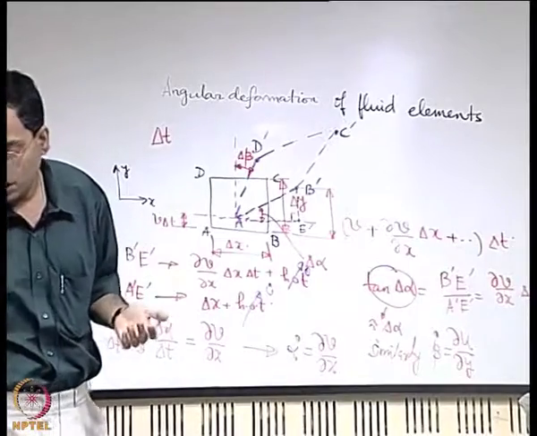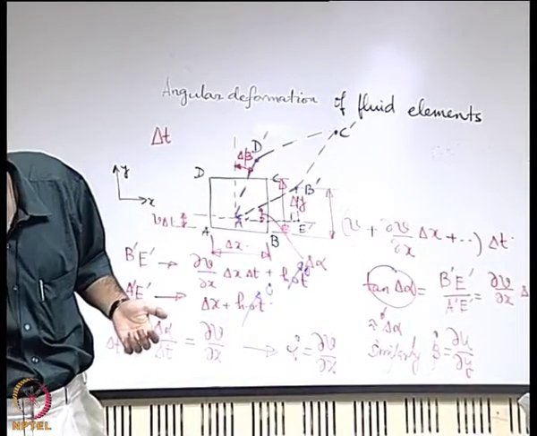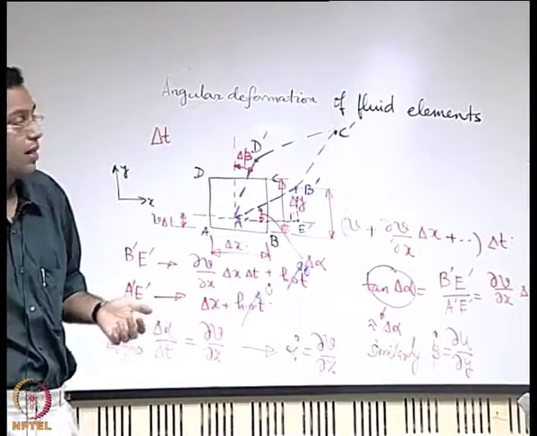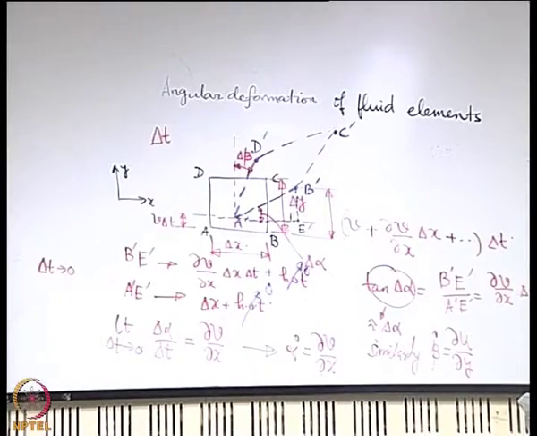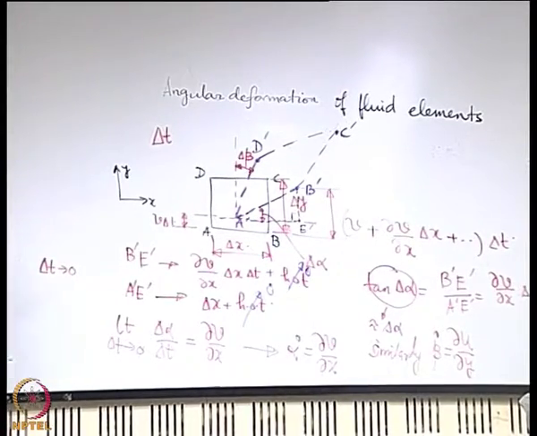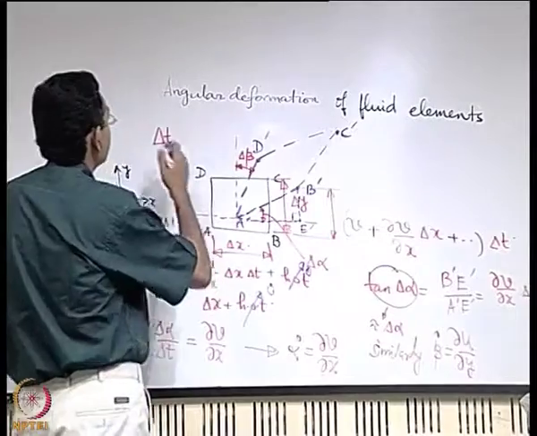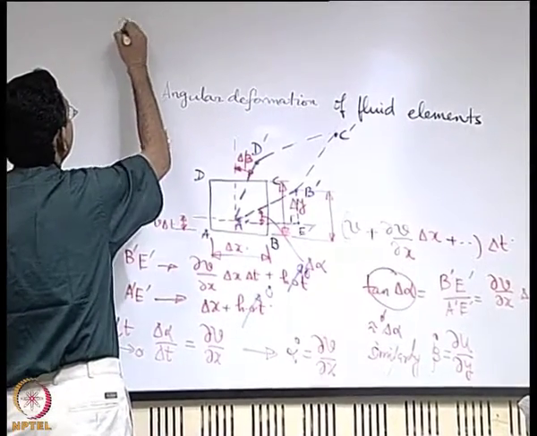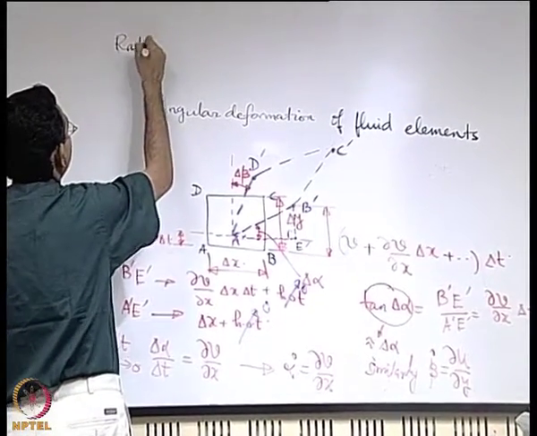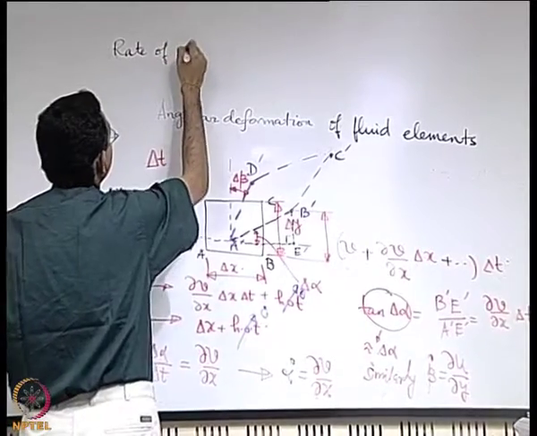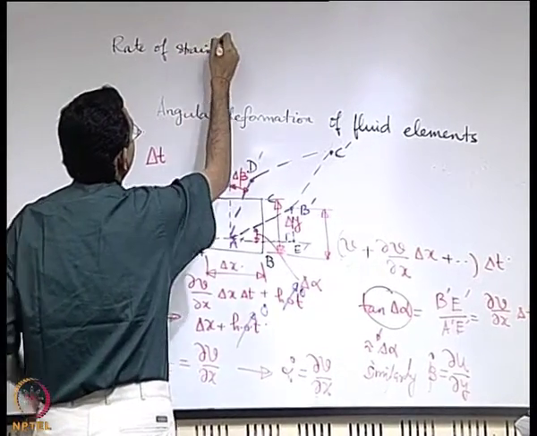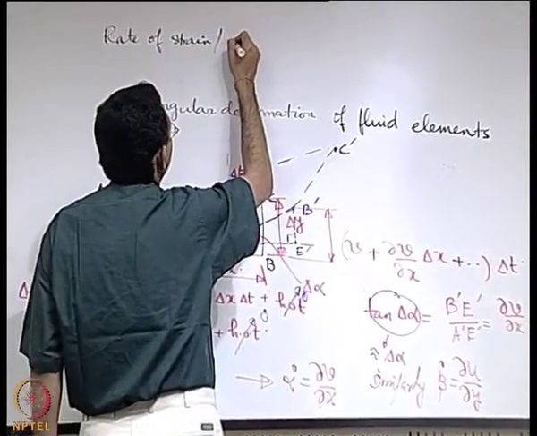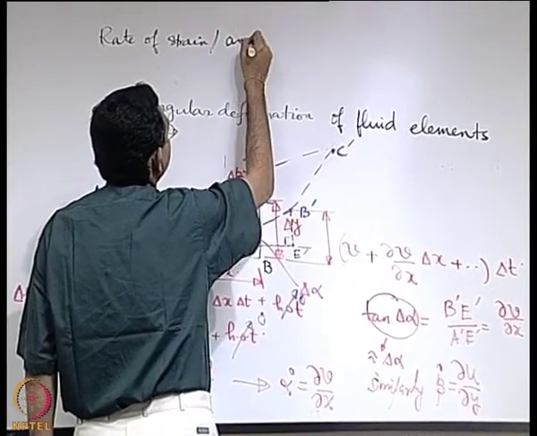Now, how do we translate that into a more formal definition? To have a more formal definition, we may say that we are defining the rate of strain or the rate of deformation in the following way. Rate of strain or angular deformation.